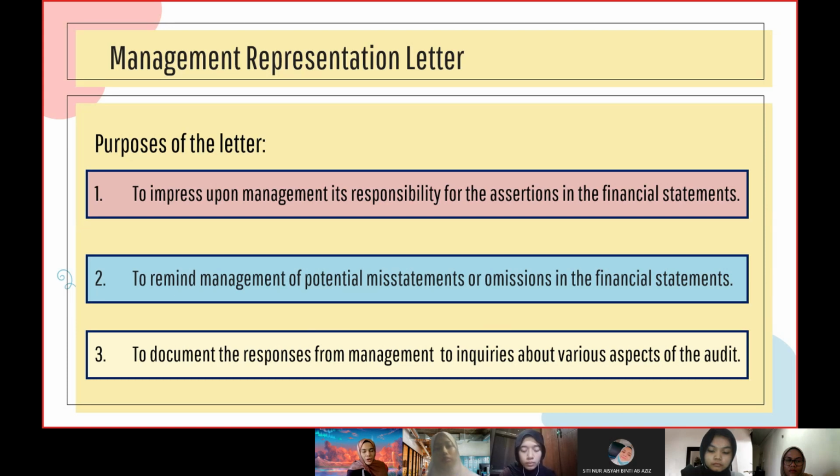The letter should also be dated no earlier than the date of the auditor's report, to ensure there are adequate representations about subsequent events. The purposes of the letter are, first, to impress upon management its responsibility for the assertions in the financial statements; second, to remind management of potential misstatements or omissions in the financial statements; and third, to document the responses from management to inquiries about various aspects of the audit. Okay, next slide.